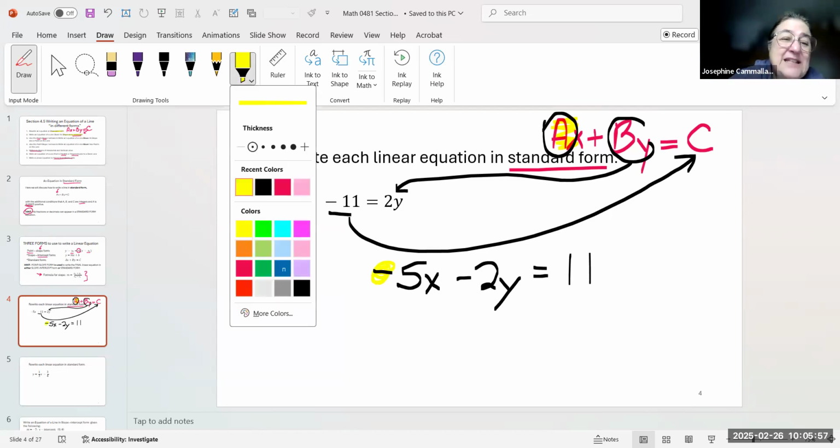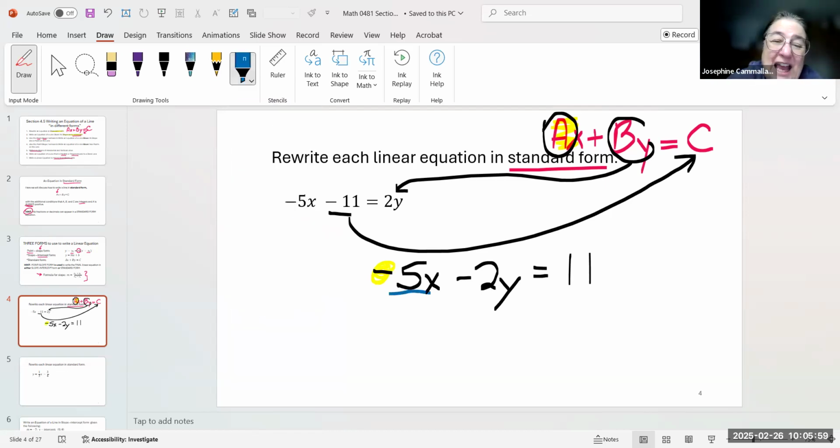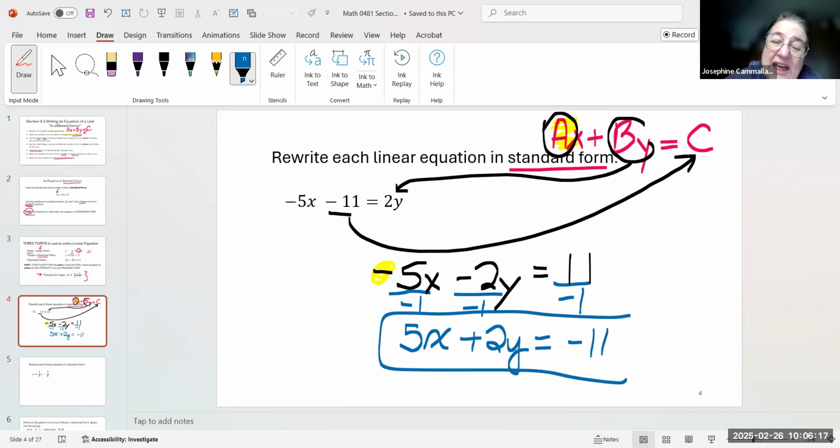So that means I'm dividing everything by negative 1. So my standard form equation is 5x plus 2y equals negative 11. That's my answer in standard form.